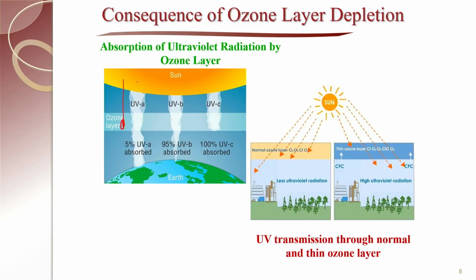So, long wavelength they penetrate through the ozone layer, typically 95% penetration is there and 95% reaches the earth surface, and only 5% UVA is absorbed, and UVB, in case of UVB just it is reverse, 95% is absorbed, only 5% reaches the earth, which is more harmful than UVA, and UVC which is harmful, and it is 100% absorbed, it does not reach the earth surface.